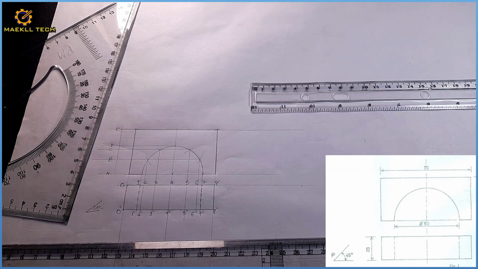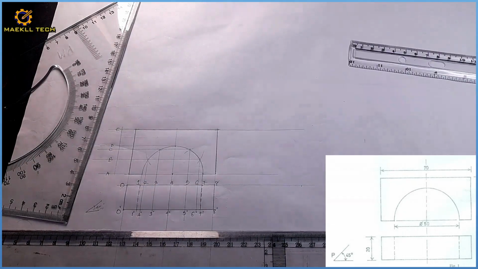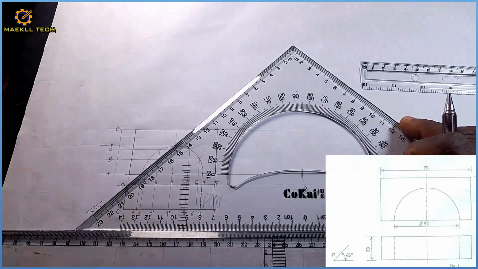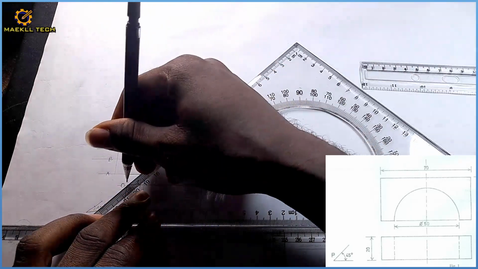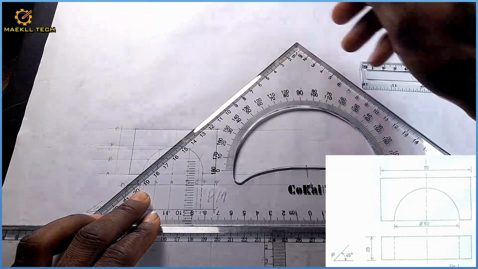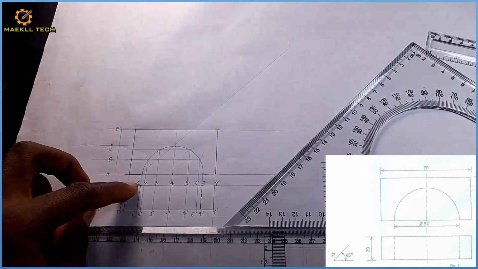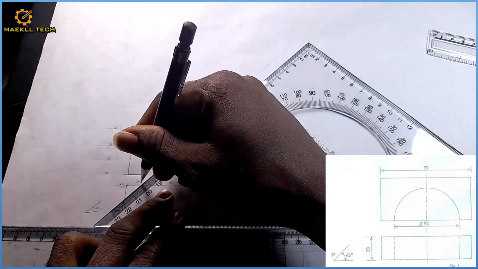Now the next procedure, I'm going to project each of these points on my plan at an angle of 45 degrees, which is this. I'm going to project mark 0 first, faintly like that. Let me first project all the points here. I'm going to project mark 1 also faintly.